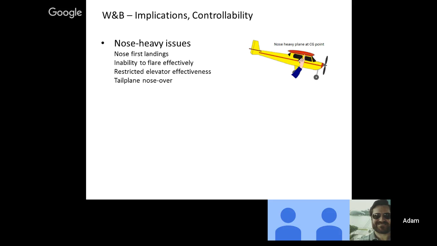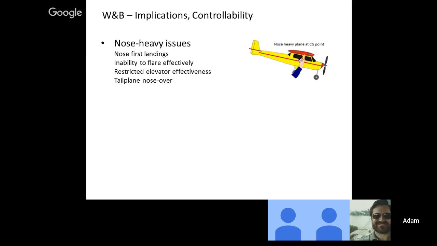So from a controllability perspective, we're only really going to be concerned about longitudinal, forward versus aft. In those scenarios, you have loading too far forward versus loading too far aft, and of course you've got the sweet spot, typically within the CG limitations.